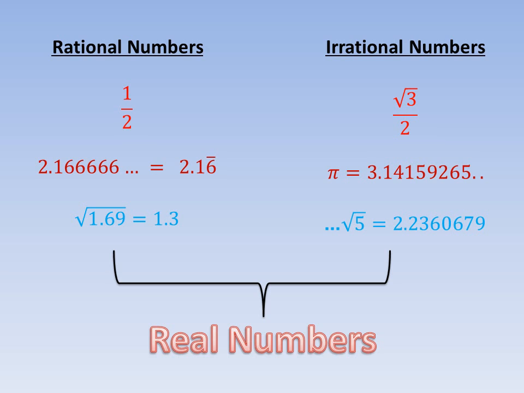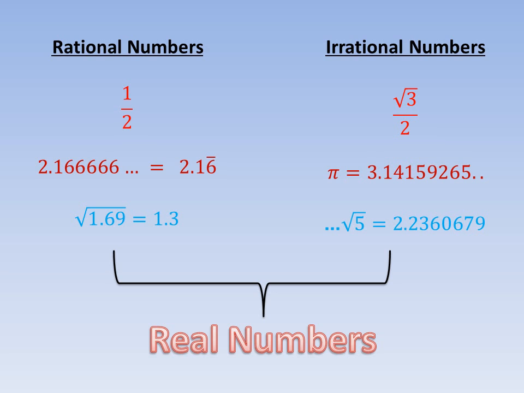So this recurring decimal number is called a rational number. But pi, which is equal to 3.14159265, is an infinite decimal number, which means it is an irrational number.